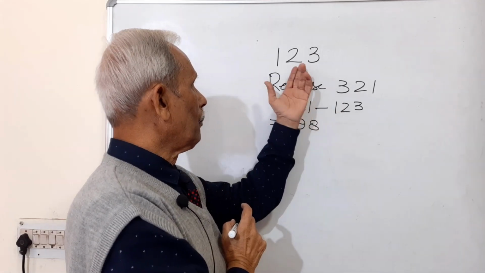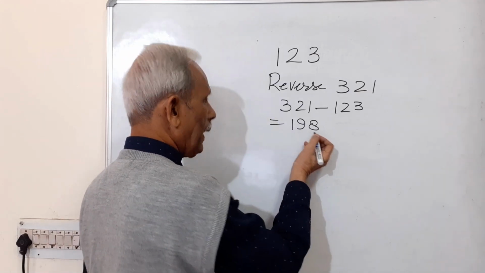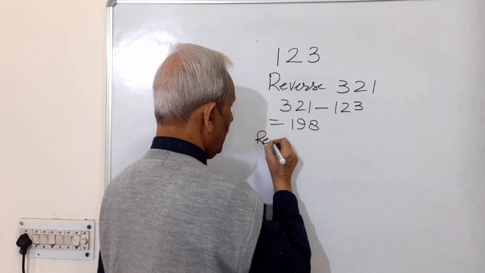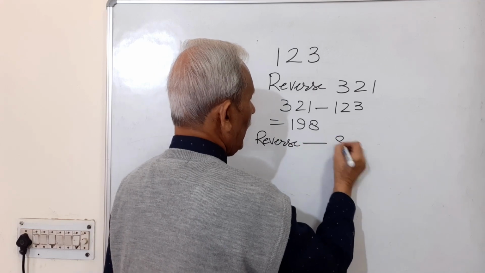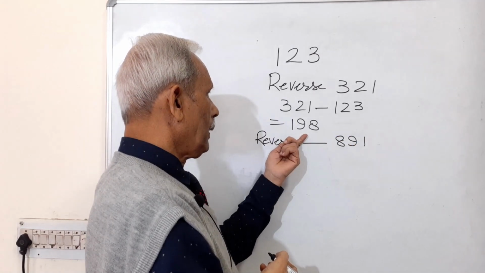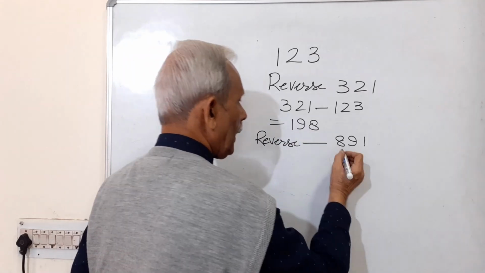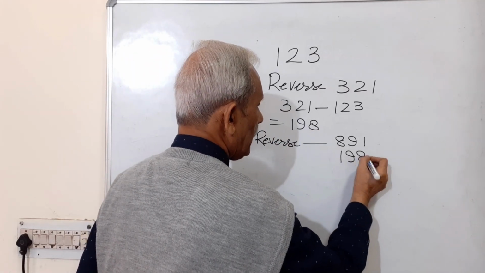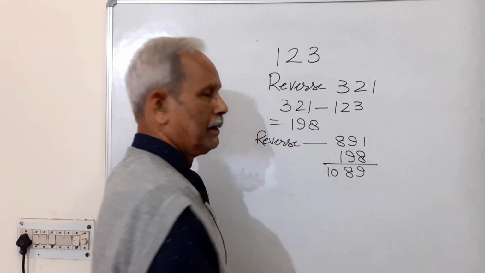From the bigger number you have subtracted the smaller number, it becomes 198. Now again reverse it, and you get 891. Now add this 891 with the smaller number 198, and you will get 1089.